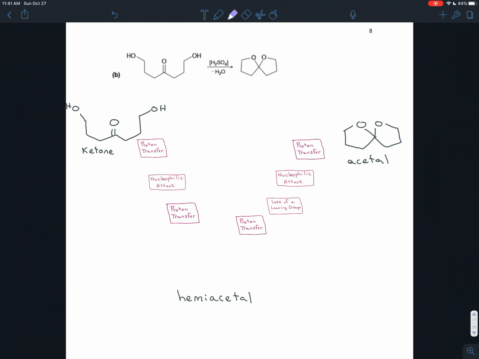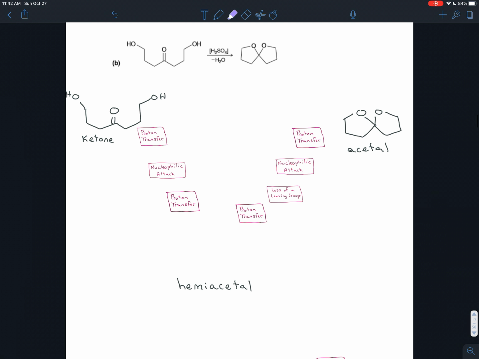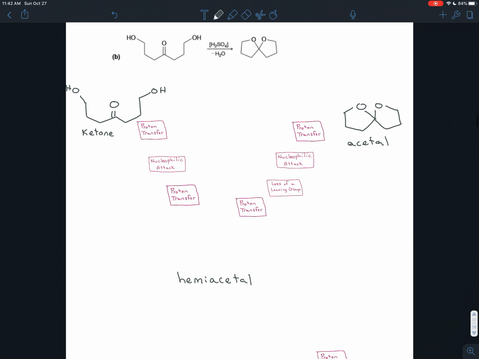And you can tell that that's an acetal because you have a carbon that has 2 different ethers bonded to it. Now halfway in between, only one of the alcohols will add.